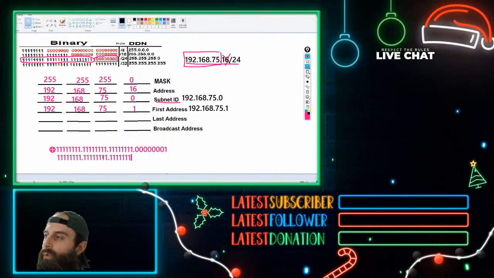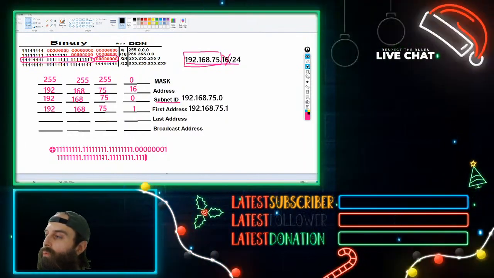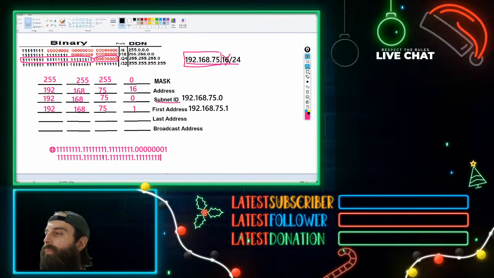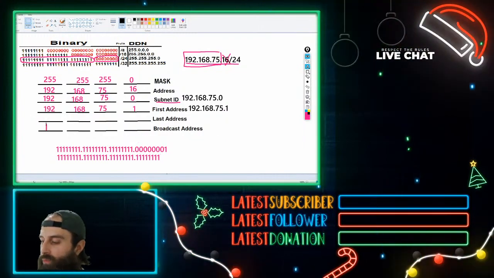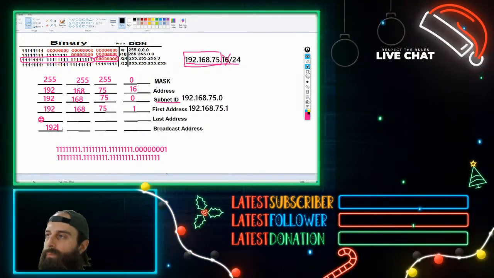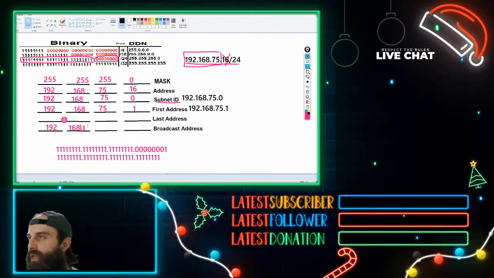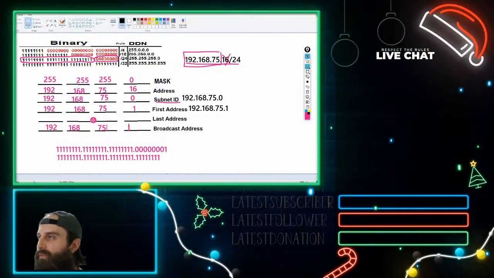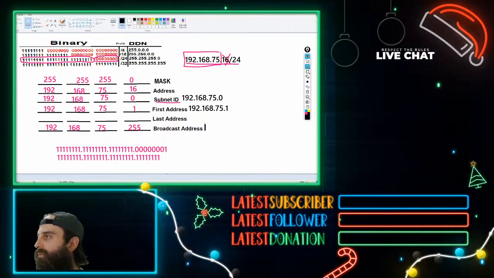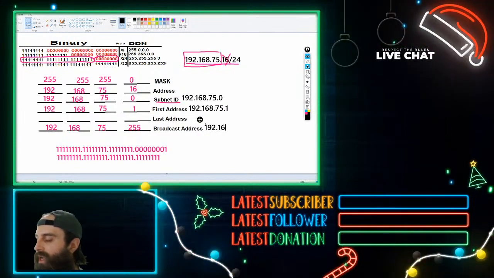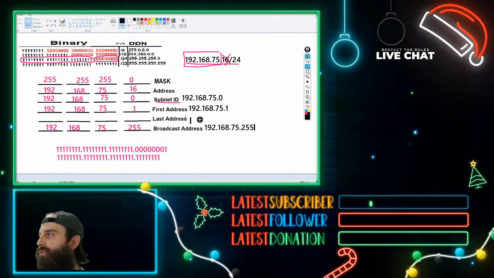Remember that equals 255. So we're going to have 192.168.75.255. This is going to be the broadcast address for this address range.